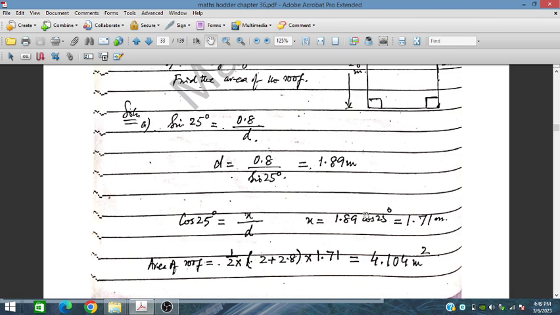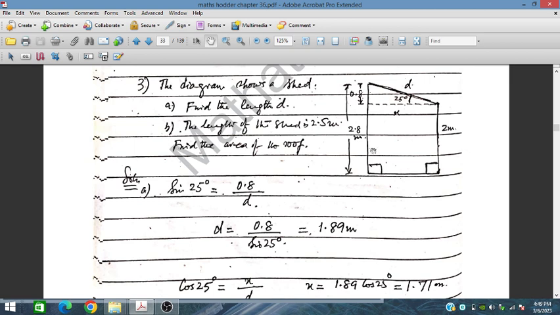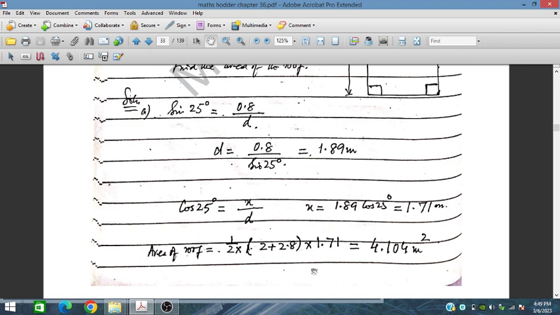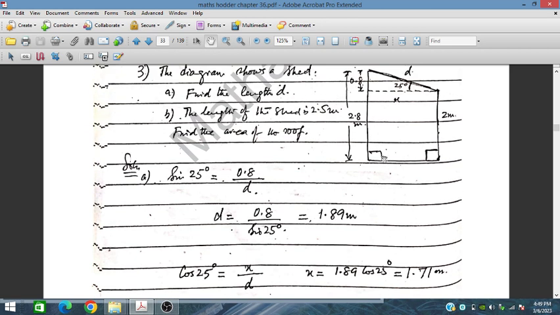This is now a parallelogram, so we add the two sides, take half, and multiply by the uniform distance, 1.75. So we use the area of a parallelogram, and we have obtained the area of the roof.